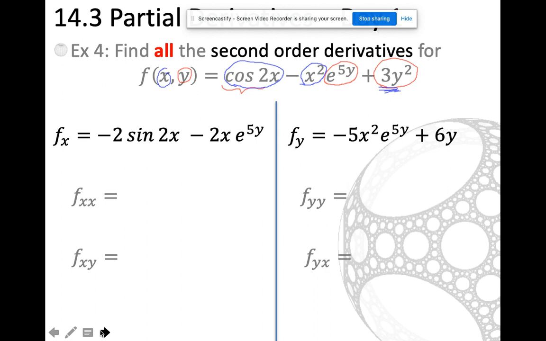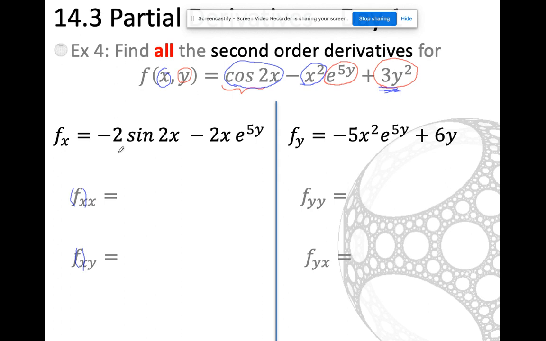So now I have to do the second derivative of the first derivative in its parts. The first derivative with respect to x, but now take its derivative with respect to x.